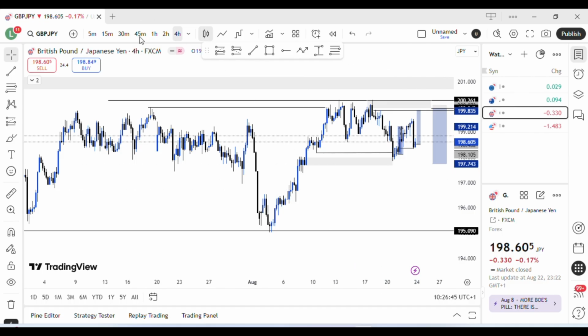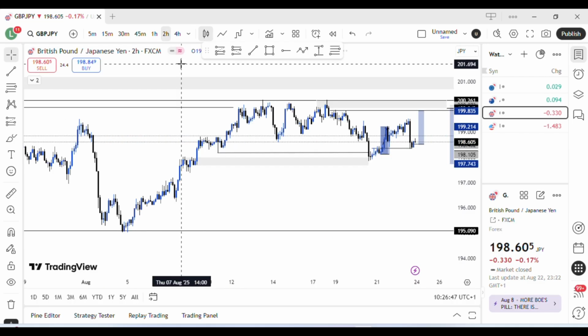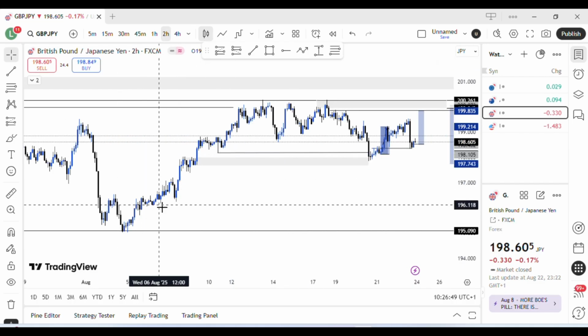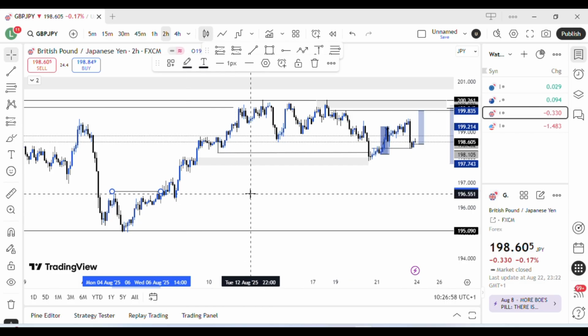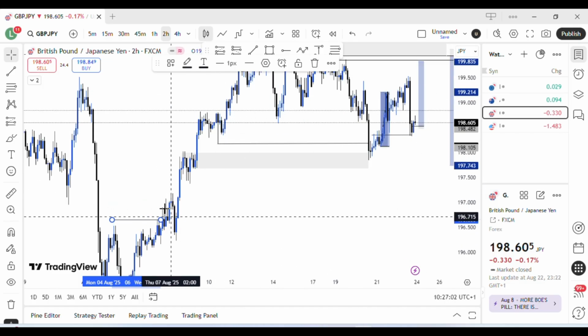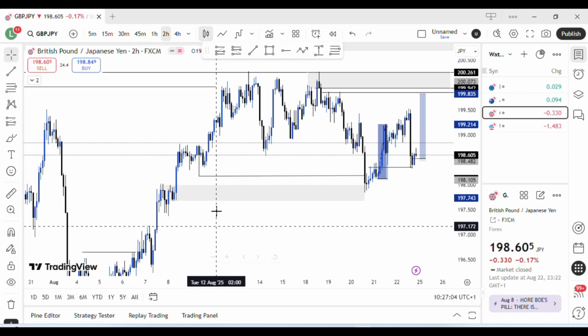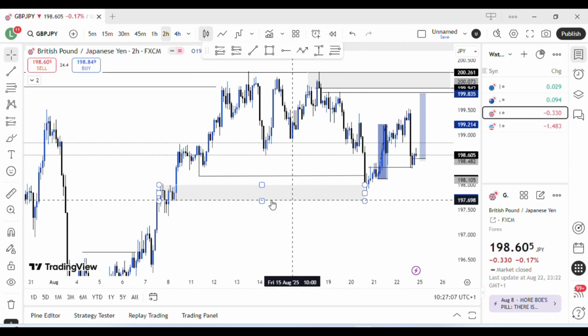Okay, let's go to the 2-hour time frame. The market makes something here. We have a change of character, or market structure shift, at that area. The market went up to this area.